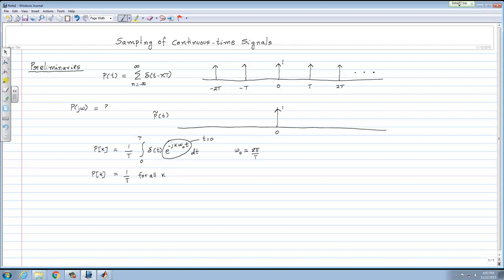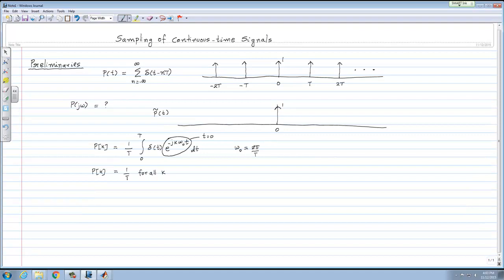Okay. So now that we have the Fourier series coefficients, what is the Fourier transform of P of t? Well, our result tells us that you take 2 pi times the Fourier series coefficient times delta of omega minus k times omega naught, or 2 pi over t.